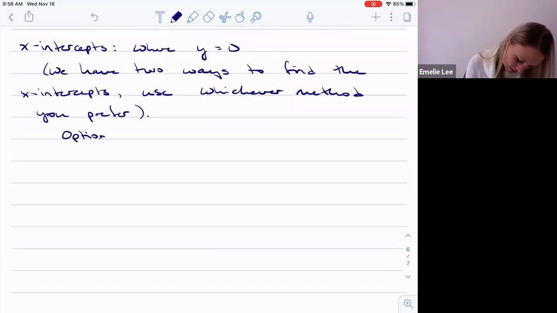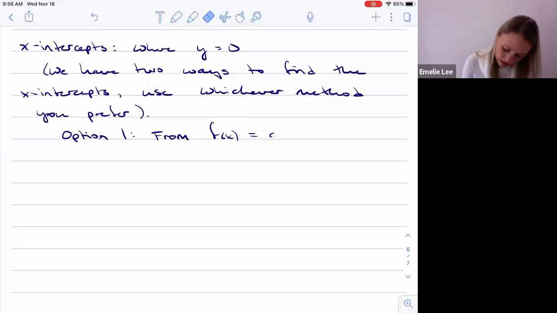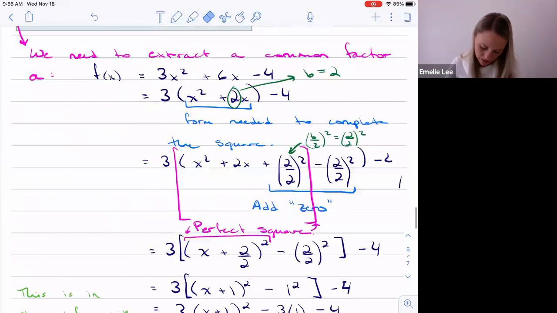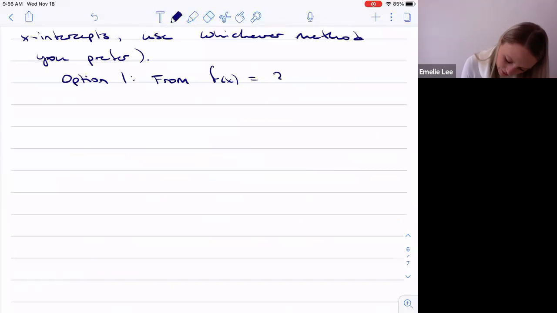Option 1. From f of x equals, let's say, 3x squared plus 6x minus 4.